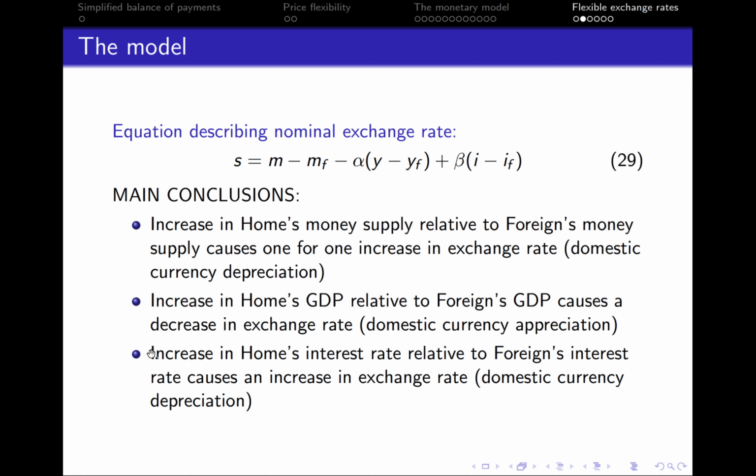The same goes for the interest rate channel. From this equation, we again can clearly see that an increase in the home interest rate relative to the foreign interest rate should contribute to depreciation of the domestic currency.